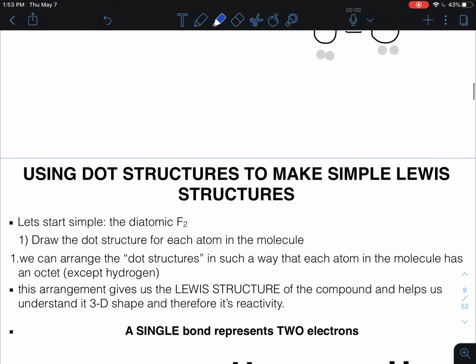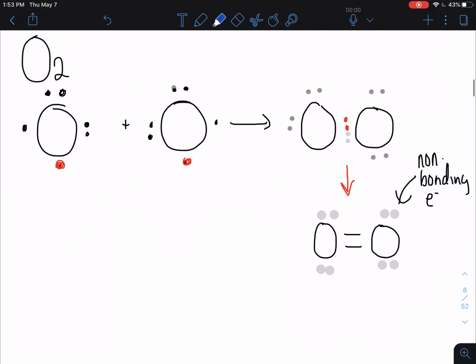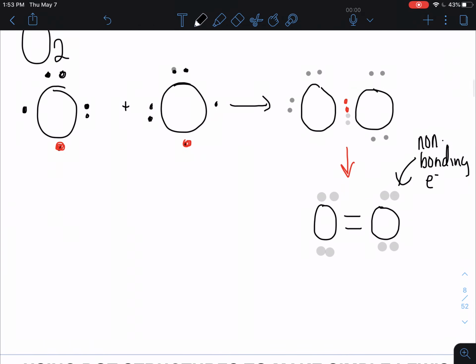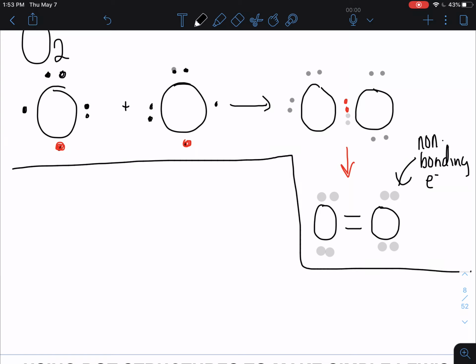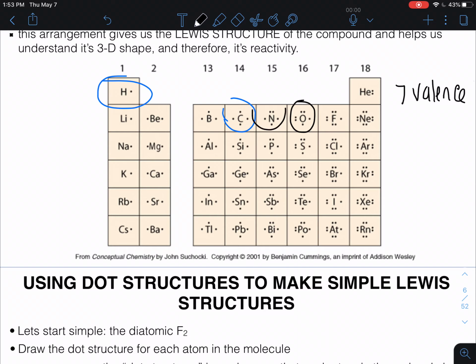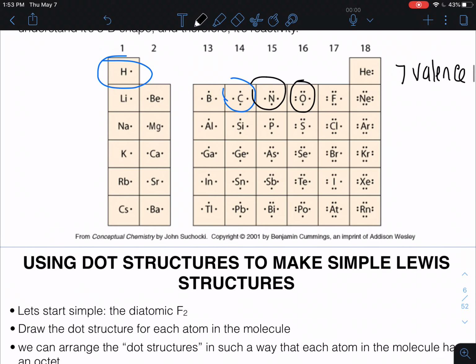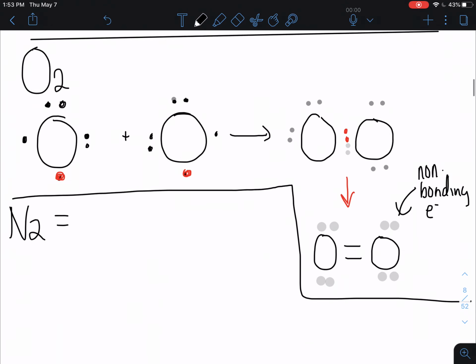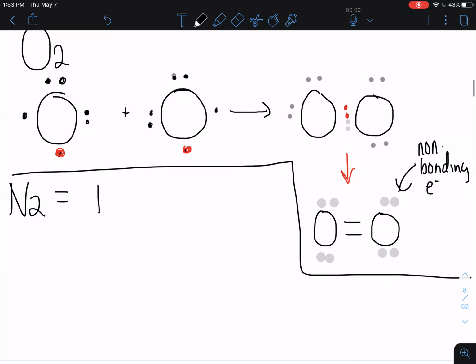Oh yeah, let's do nitrogen right here. Okay, so N2, each nitrogen, go up to look at its valence, 1, 2, 3, 4, 5. Each nitrogen has 5 valence electrons.